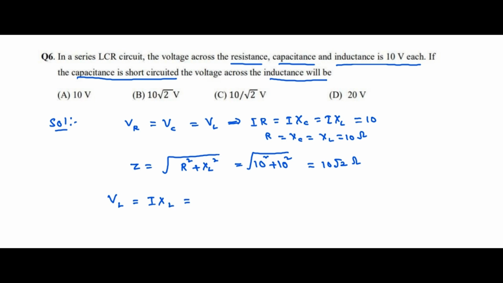So this I is nothing but V divided by Z, into XL value which is nothing but 10. V is also 10, so it is 10 by 10 root 2 into 10. That is nothing but 10 by root 2, otherwise we can write it as 5 root 2 also. So here 10 by root 2 is given, so option C, 10 by root 2 volt across the inductor when the capacitor is short circuited.